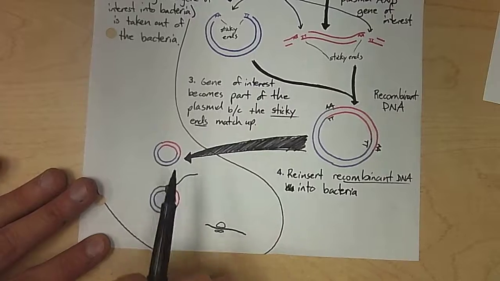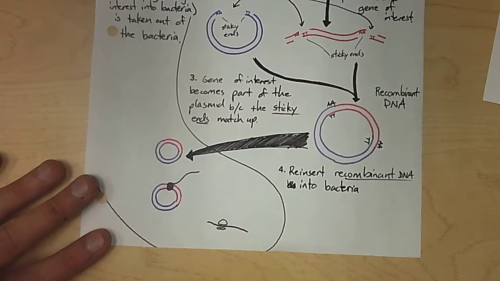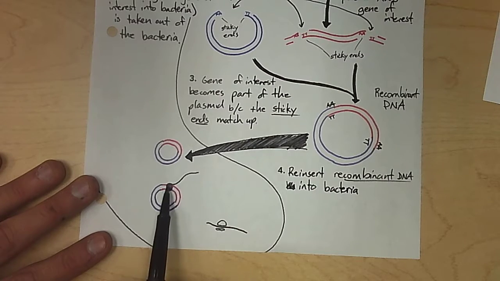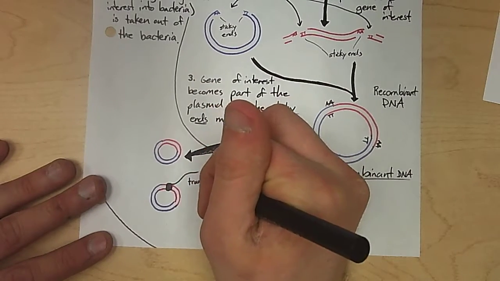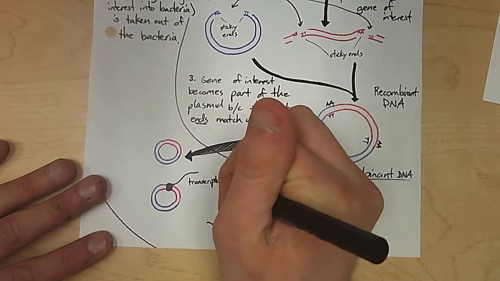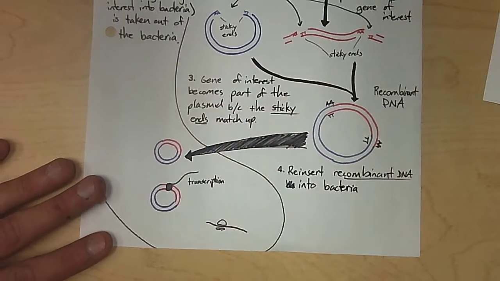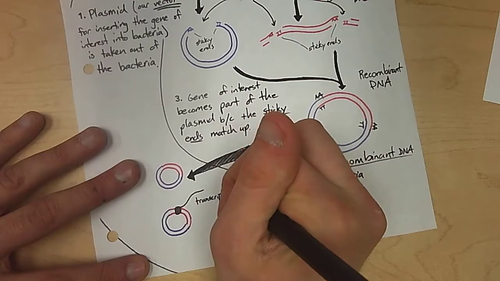Because now that we have the recombinant DNA in the plasmid, what ends up happening, and what's drawn right here, is this looks like an enzyme doing transcription. The bacteria has the machinery, just like our cells have the machinery, to do protein synthesis.